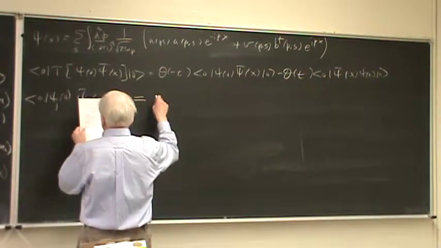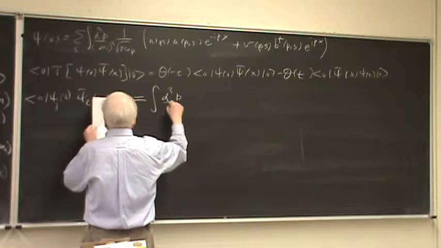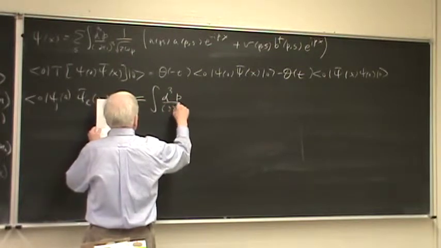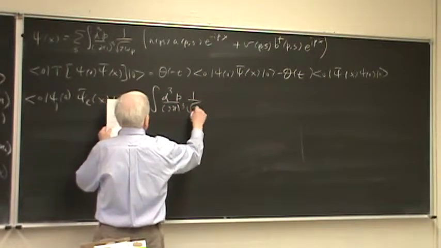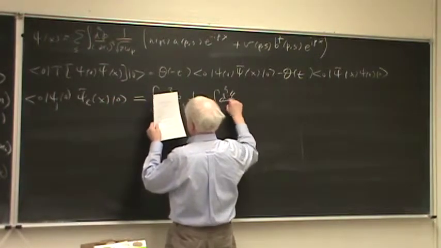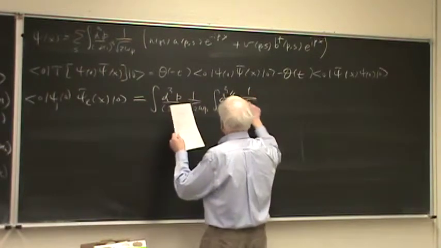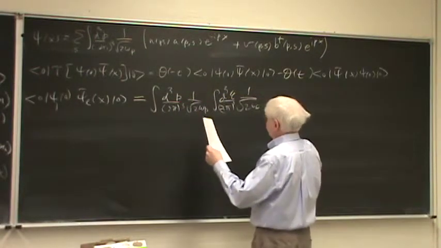I'm going to skip one step because I did much of this last time. That's d cubed p over 2 pi cubed square root 2 omega p, d cubed q over 2 pi cubed square root 2 omega q.